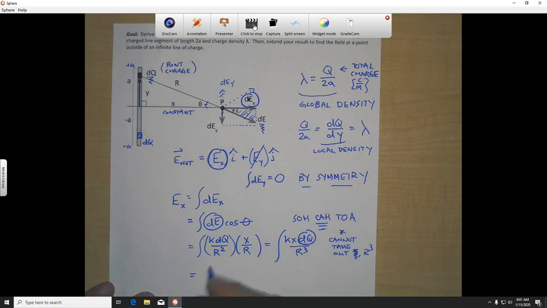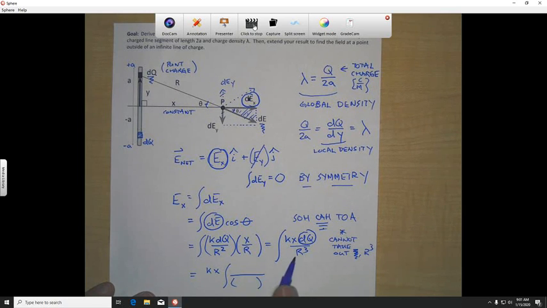All right. So let me go ahead and write this again. So we'll factor out the k and the x. Now for r cubed, I'm going to use Pythagorean theorem. I know that r is going to be equal to x squared plus y squared to the 1/2.